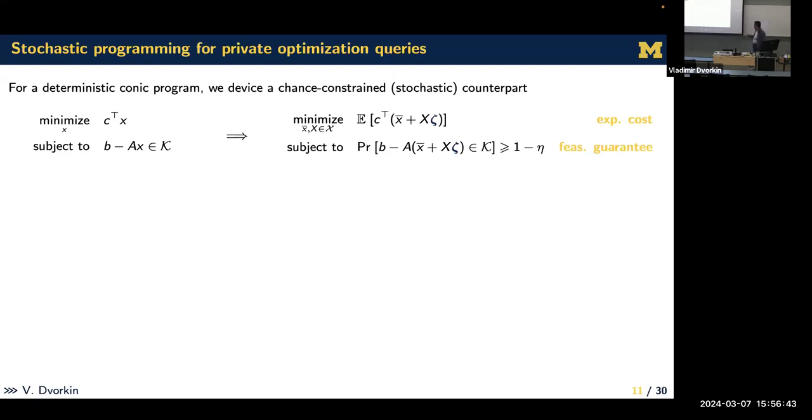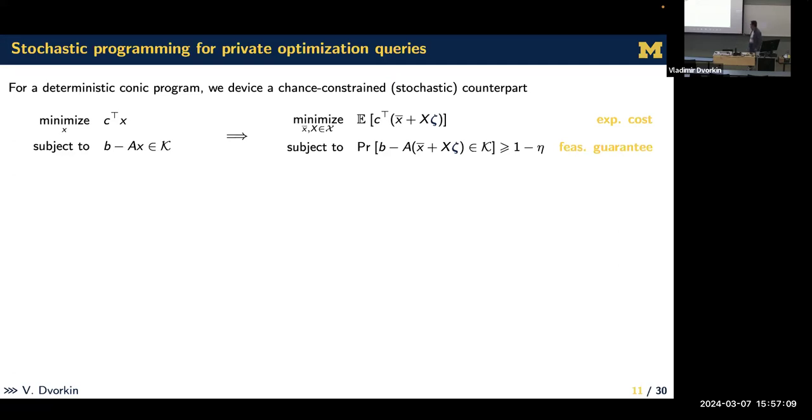So instead of optimizing vector x, we optimize some nominal solution plus recourse solution multiplied by random perturbation. What it means: when the perturbation is zero, this problem replicates the original problem. But when we anticipate some privacy-preserving noise that we will apply to a solution, the solution to this problem will be different.